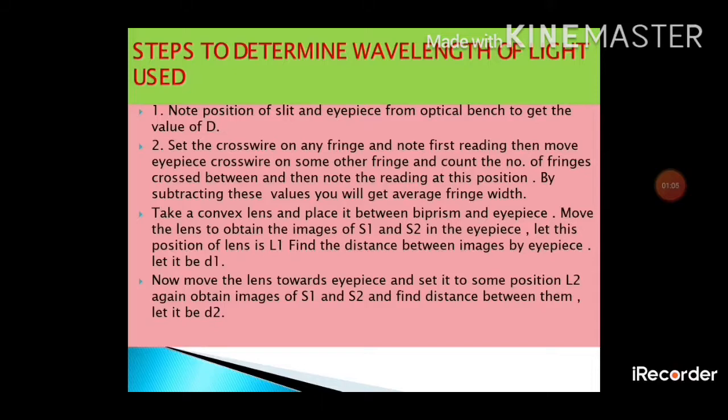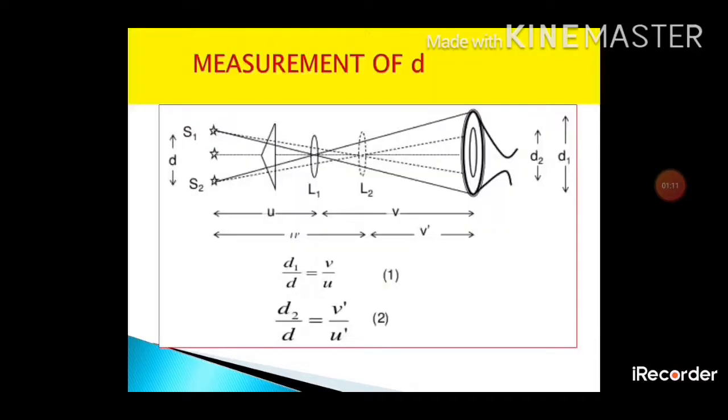Now in order to find out the value of small d, we have to look at this picture. In this case, you can see small d is the distance between S1 and S2. So in order to find out the value of d, we have to do certain things.